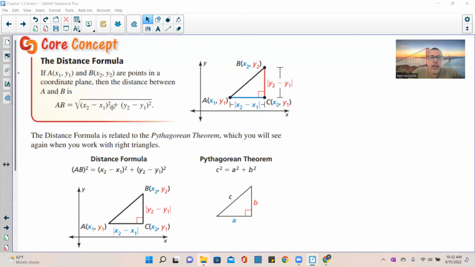If you square them and then take the square root, that's how you find the direct distance at an angle, on a slant or on a slope, between 2 points. So that's basically the distance formula related to the Pythagorean theorem.